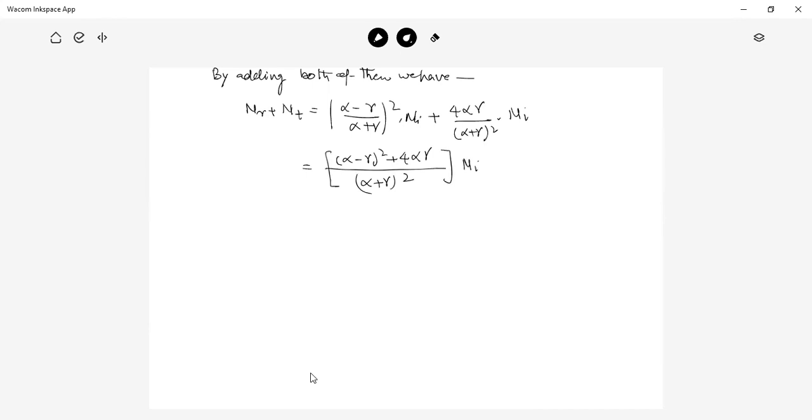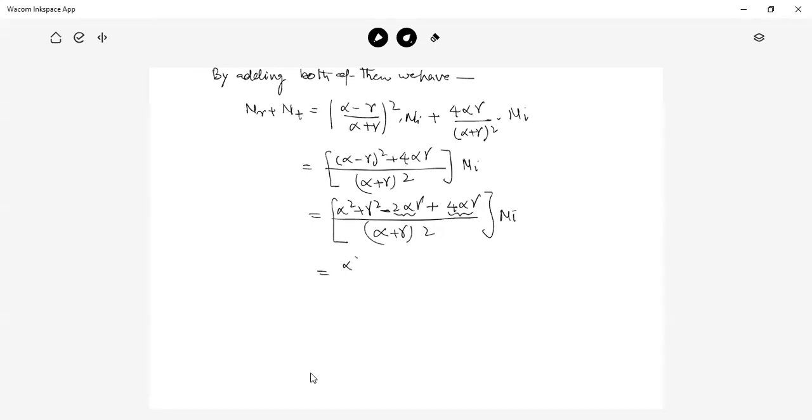So you have alpha square plus gamma square minus 2 alpha gamma plus 4 alpha gamma upon alpha plus gamma whole square, into Ni. So this is minus 2 and here it is plus 4.